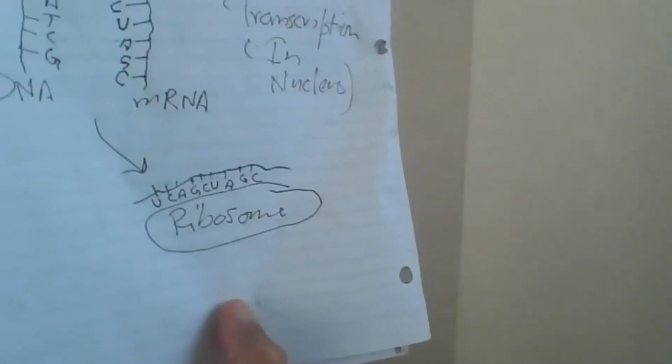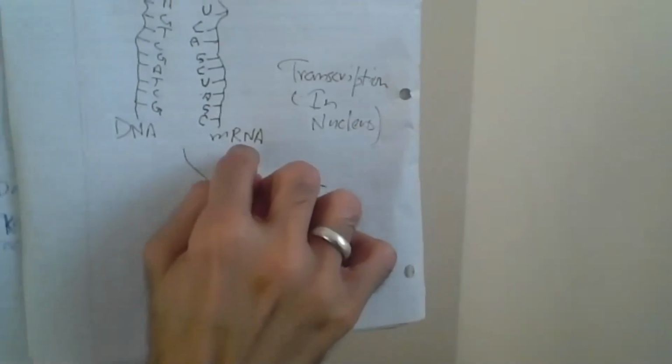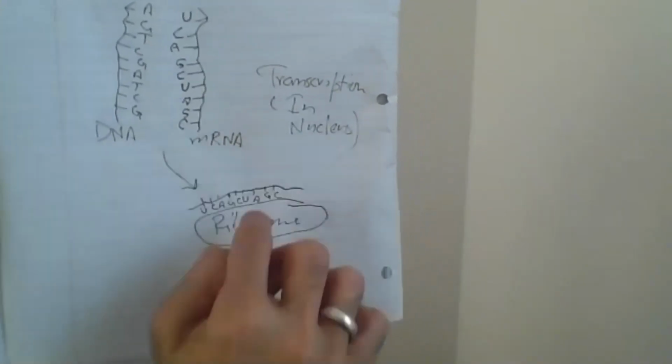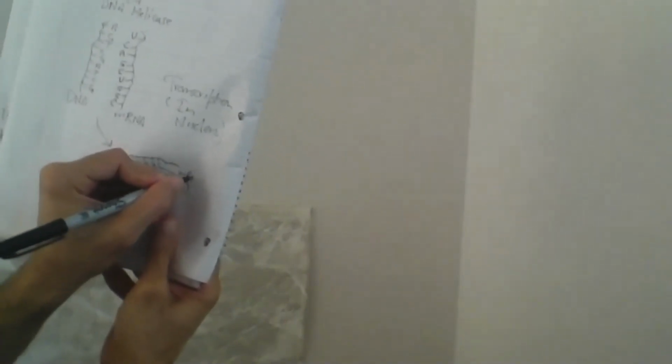So it's the same information that it got from the DNA in the nucleus, all right? So something magical happens after this. Another molecule starts approaching and joining to our messenger RNA, okay? All right, this messenger RNA molecule. So let's label it, just so that everything is clear, messenger RNA. Again, this is messenger RNA.